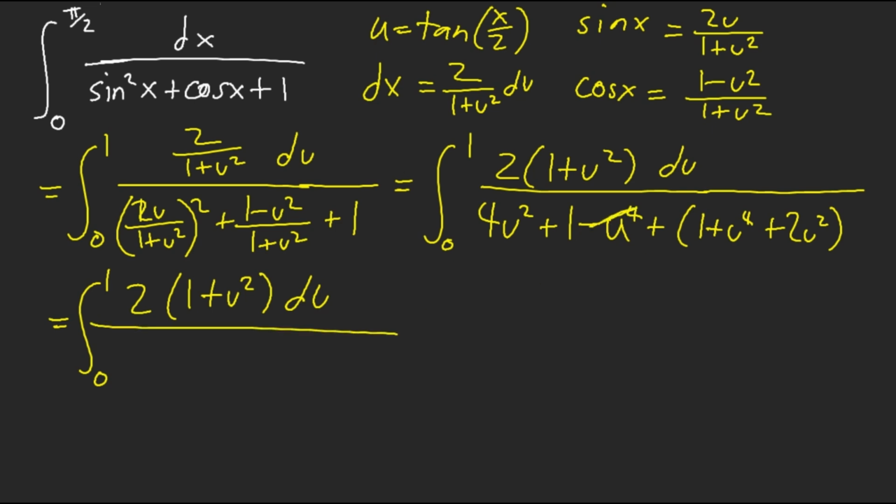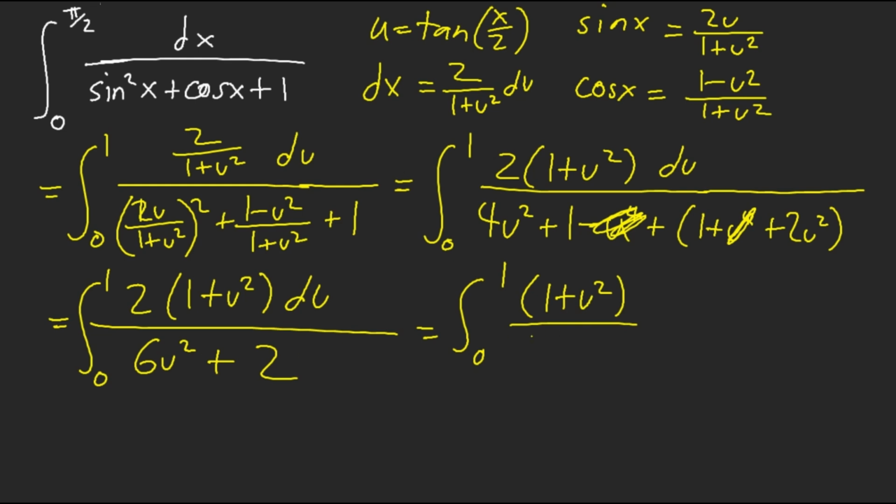I noticed that negative u to the fourth, thank God. So now we have 6u squared plus 2. That cancels our 2 over 1 plus u squared, and we get 3u squared plus 1.